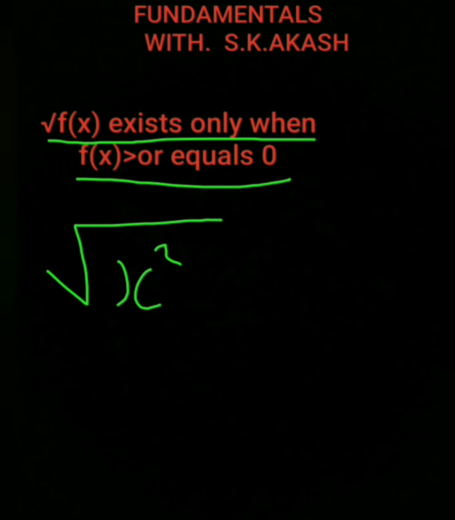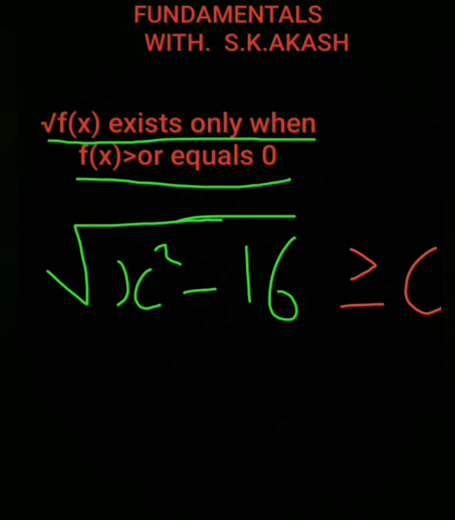x square minus 16. So what does it say? The root of f of x exists only when f of x is greater than or equal to 0. So we can put here greater than or equal to 0. Clear? Then proceed further. Solve this quadratic equation.